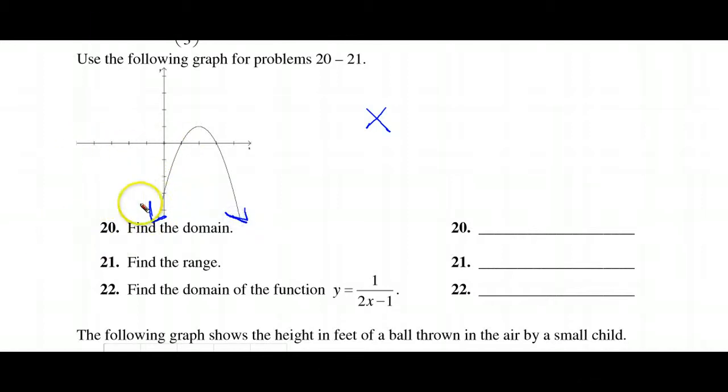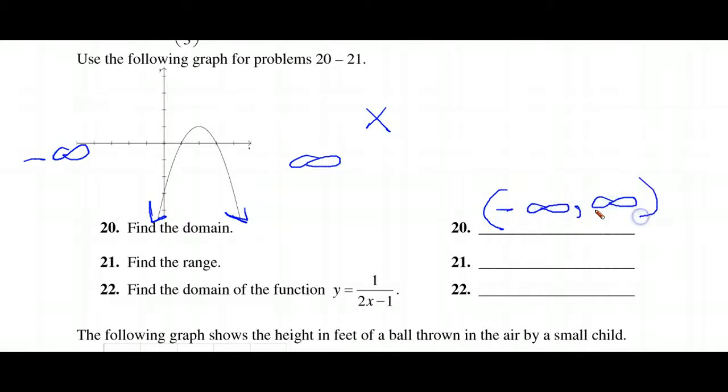So eventually, this line goes all the way out there to -infinity, out this way, and this way for x values to +infinity. So the domain in interval notation is from -infinity to +infinity.